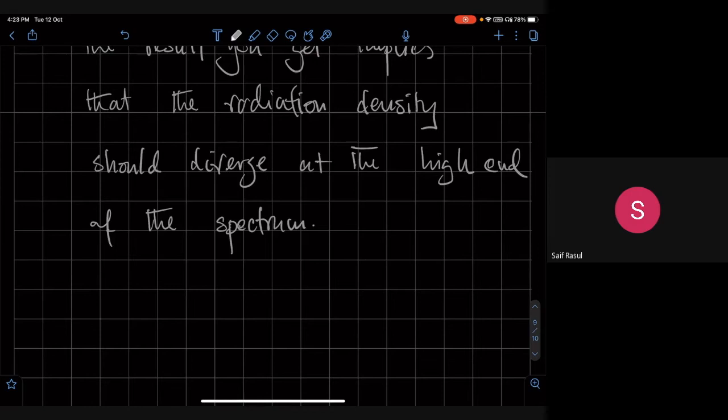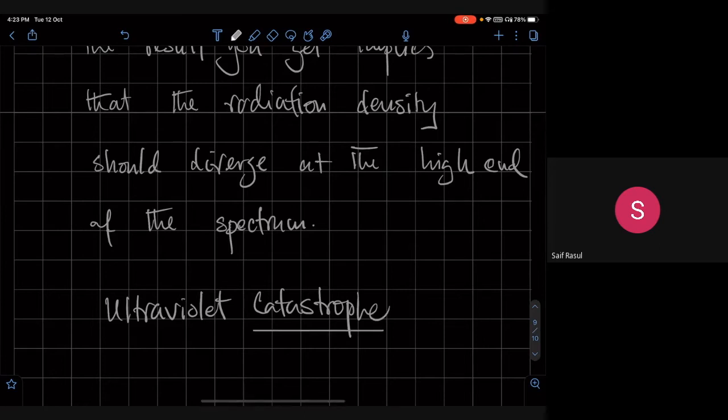And that's why this was called the ultraviolet catastrophe. You guys know the meaning of the term catastrophe? It means a disaster.